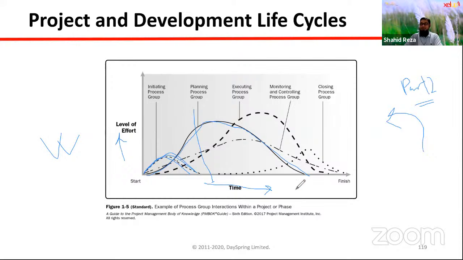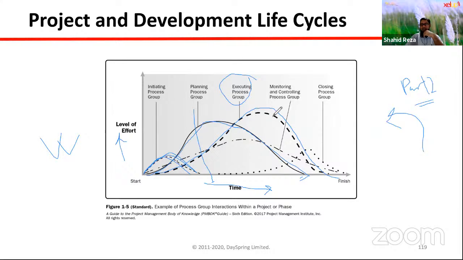That means in different situations, after monitoring and control, after doing some execution, we may need to change our plan. That's why till here we are changing the plan. And this one, the execution. Where does the most effort in any project go? In execution.